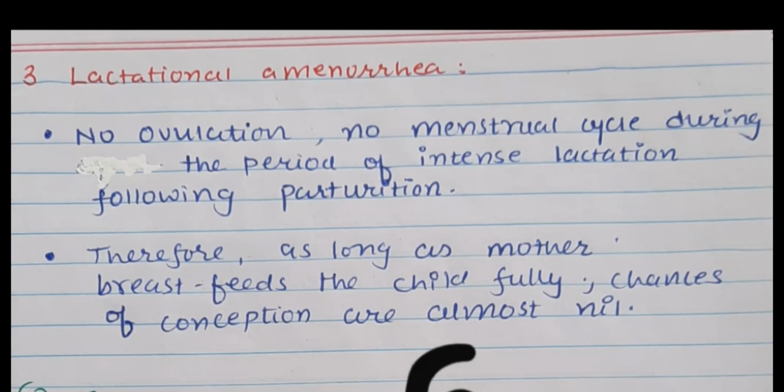Why? Because ovulation will not happen. Why does ovulation not occur? Because FSH and LH are not available due to that high level of prolactin.